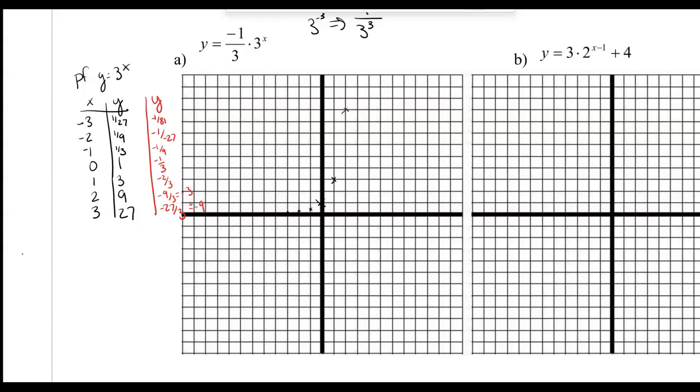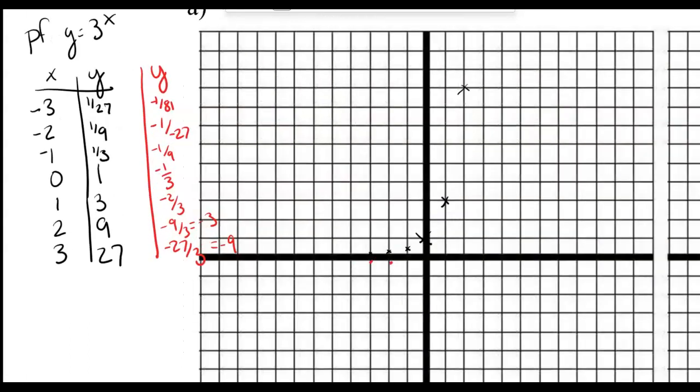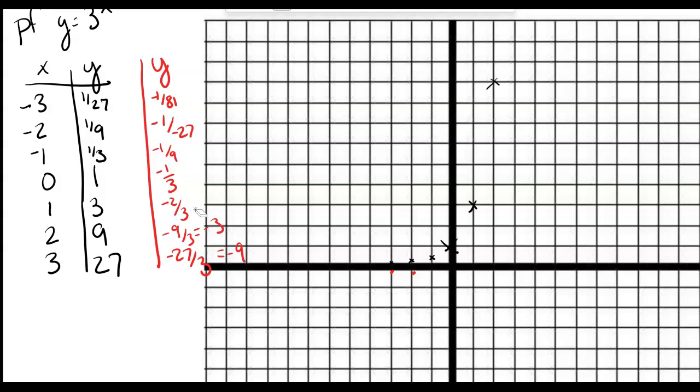So graphing those, I should now have negative 3, negative, yeah, it's a really gross fraction, negative 1/81. I don't know why it looks like I've got two negatives sitting there. Didn't mean to do that.